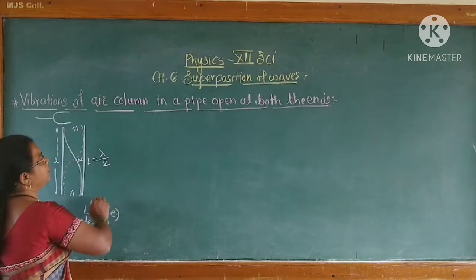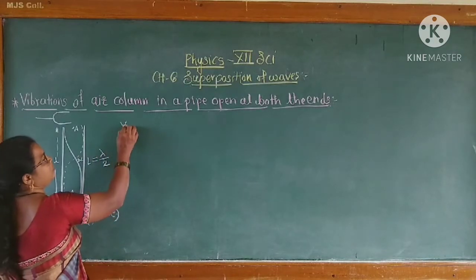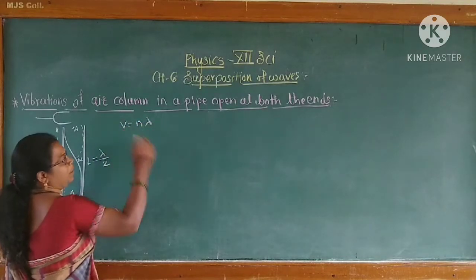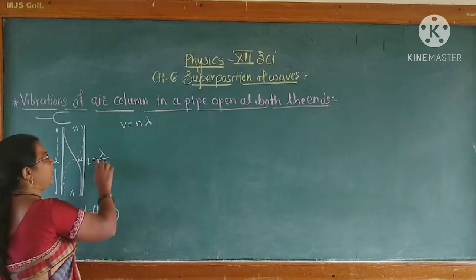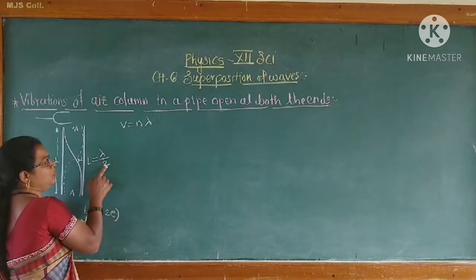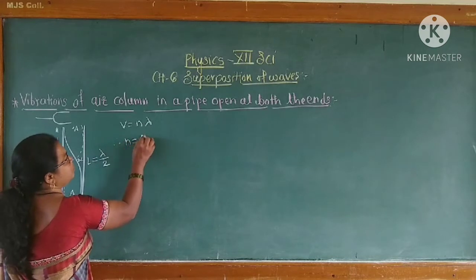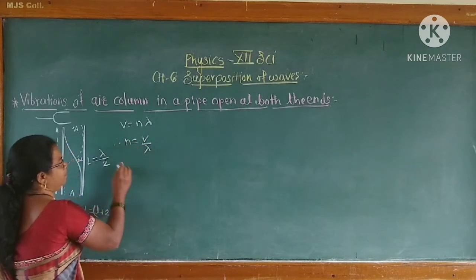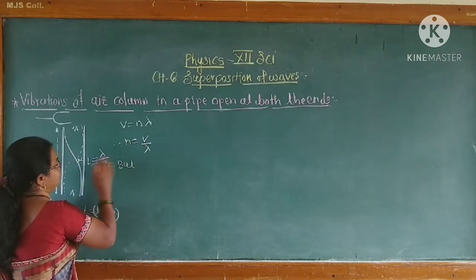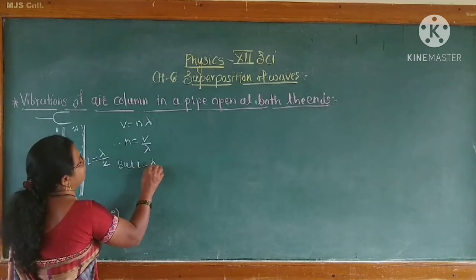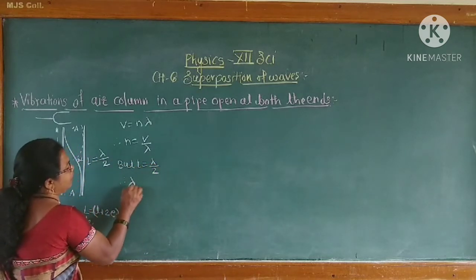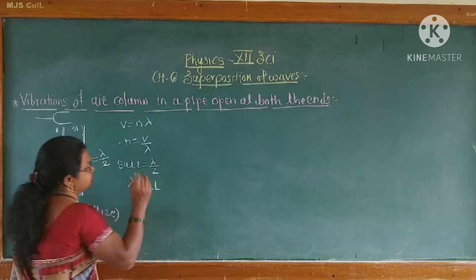Here the velocity v is equal to n into lambda. Therefore n is equal to v upon lambda. But L is equal to lambda by 2, therefore lambda is equal to 2L.